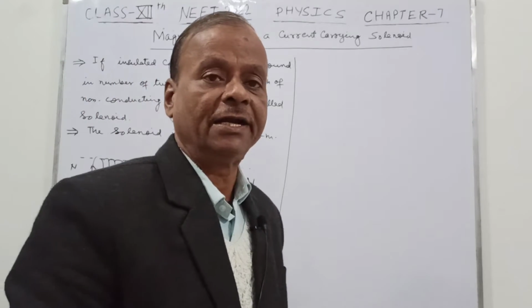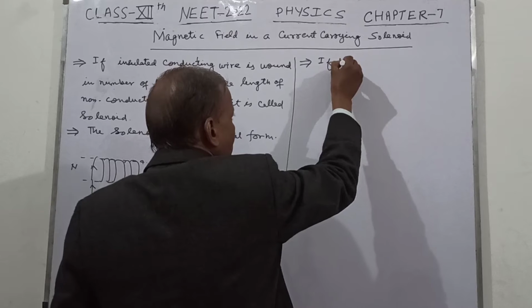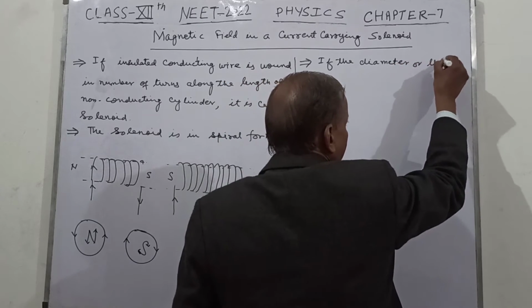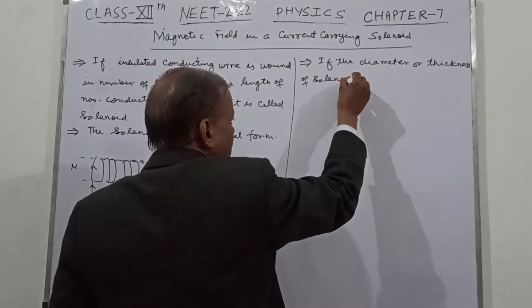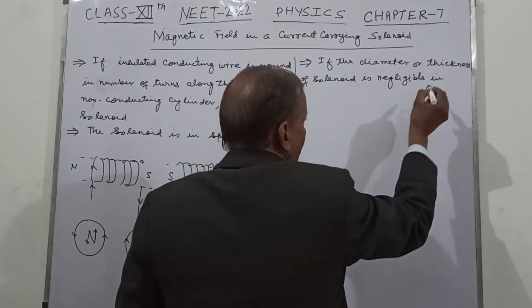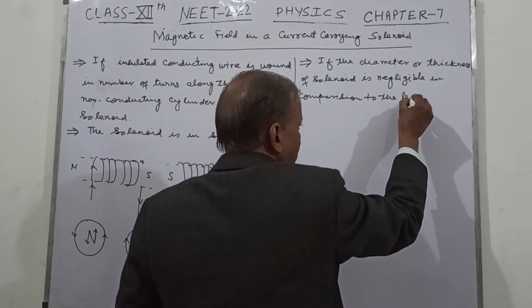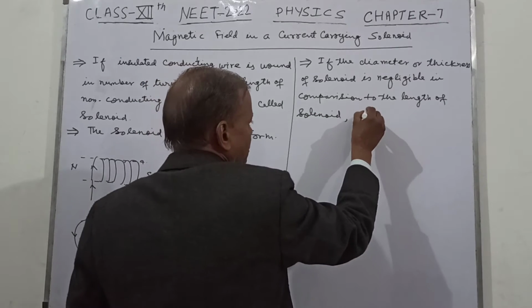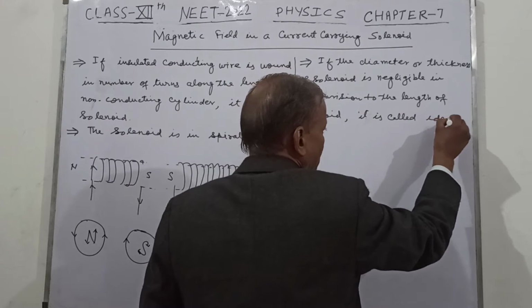Now a question is asked: what is the ideal solenoid? If the diameter or thickness of the solenoid is negligible in comparison to the length of the solenoid, it is called an ideal solenoid.